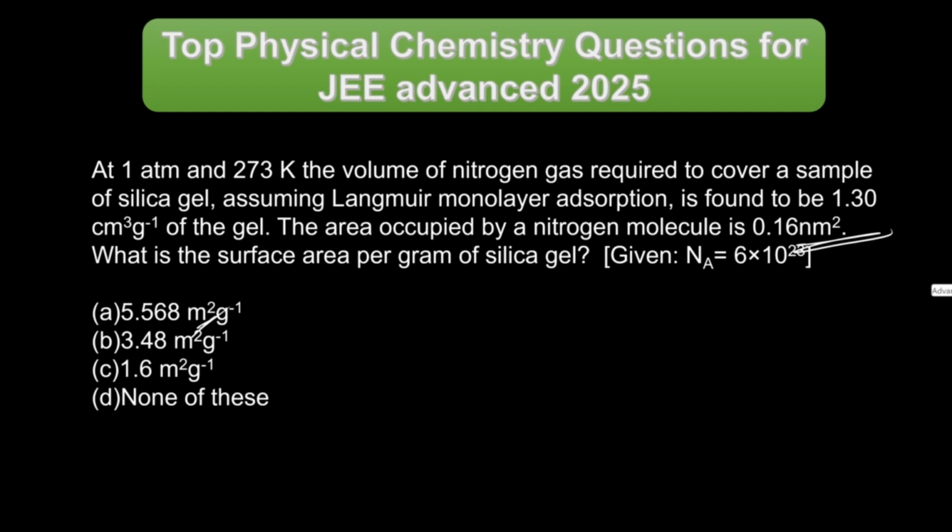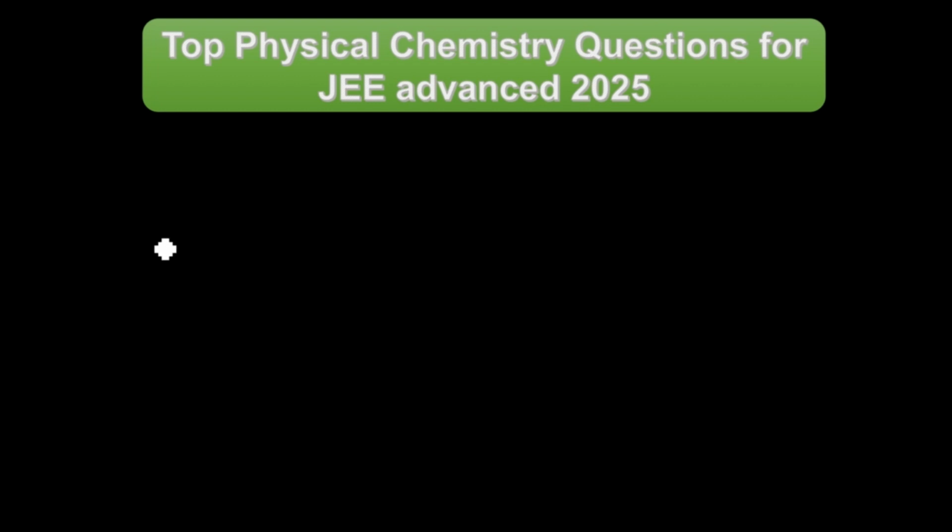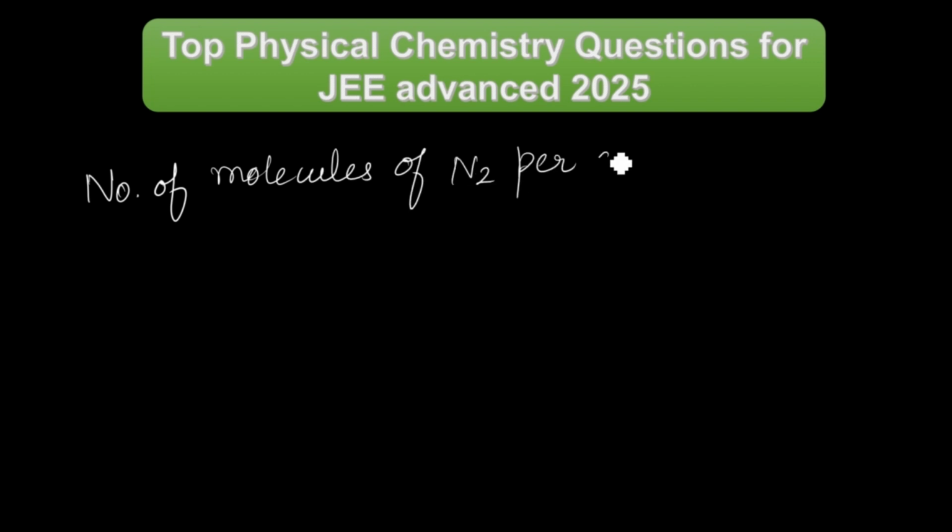So how we can proceed with this type of question is that, with the nitrogen molecule given, first we can start with the number of molecules of nitrogen per gram of silica gel. That is a monolayer adsorption that we very well know about.